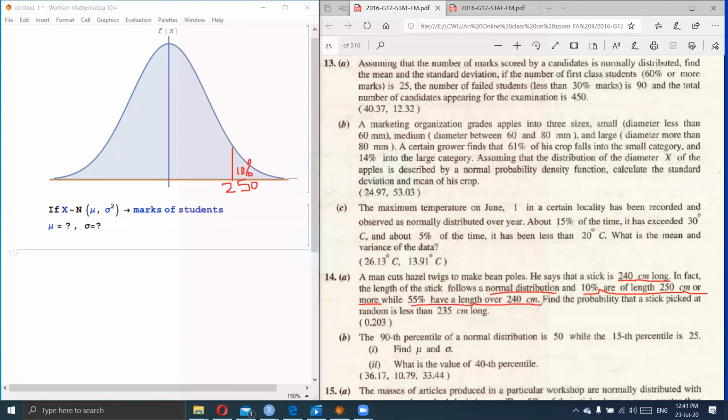So 55% is the area more than half, because 50% is 0.50 and 55 is more than 50. So we will plot 240 here because 55% area is above this point.